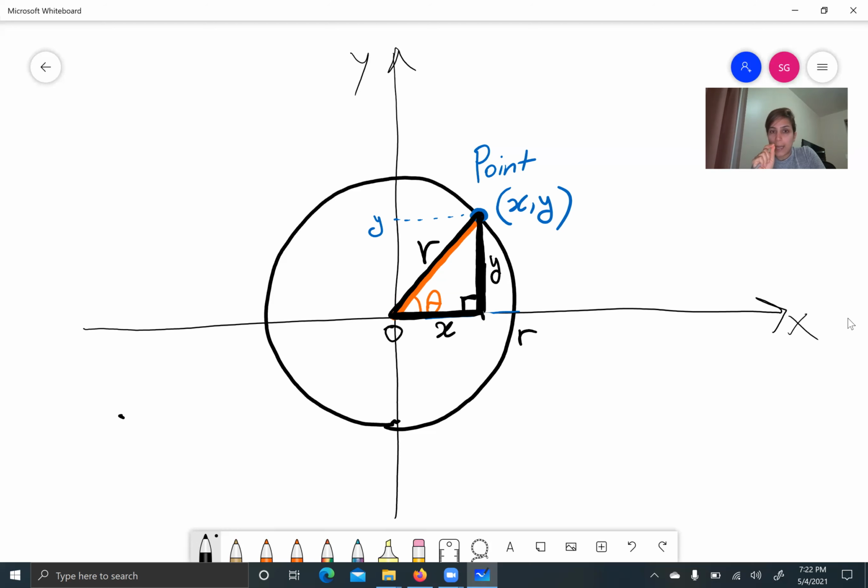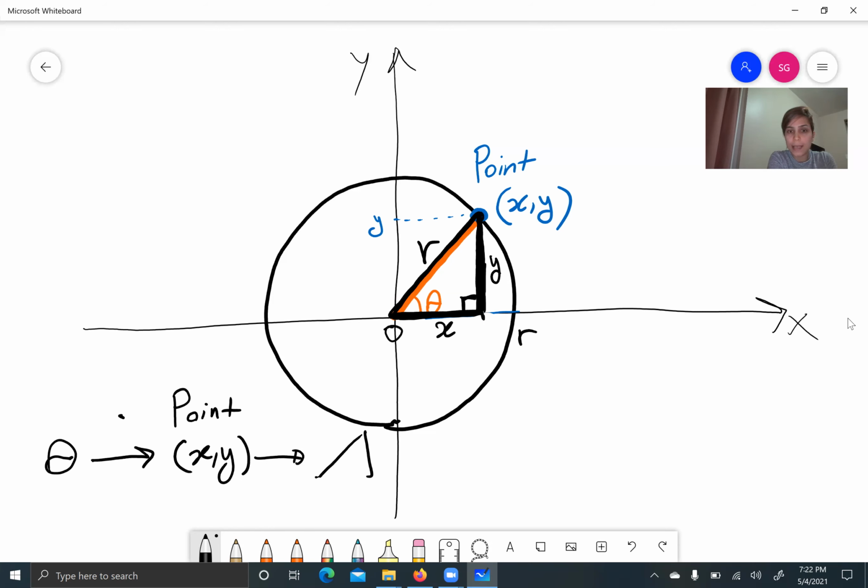So you see, any angle theta uniquely determines a point on the circle with coordinates x and y, and it uniquely determines a right triangle. That's it.